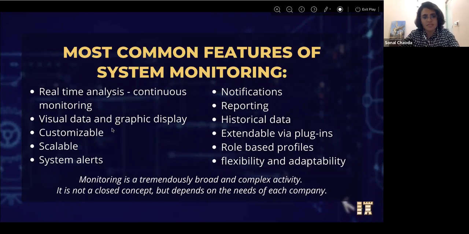We should have visual data and graphics display, because some of the monitoring tools offer a lot of things, but to have it in proper graphical format, only then will it be useful.